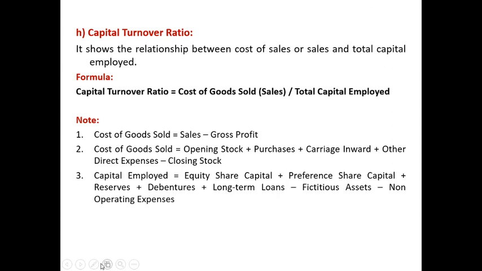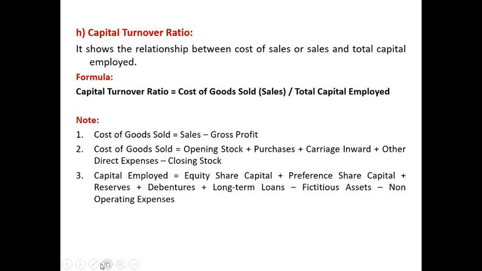Next, capital turnover ratio. This ratio shows the relationship between cost of sales or sales and total capital employed. The formula for this is capital turnover ratio is equal to cost of goods sold or sales divided by total capital employed.